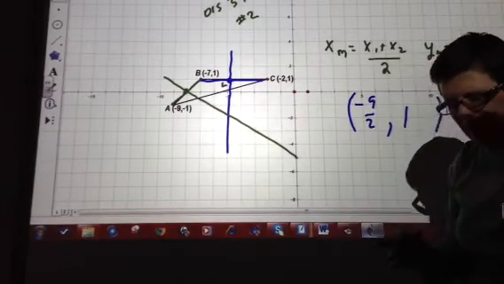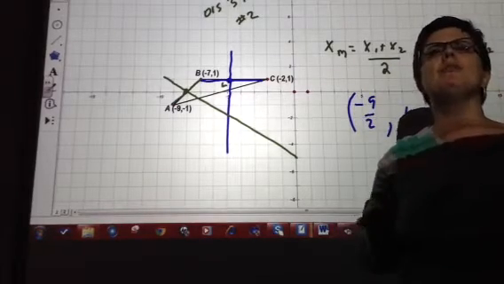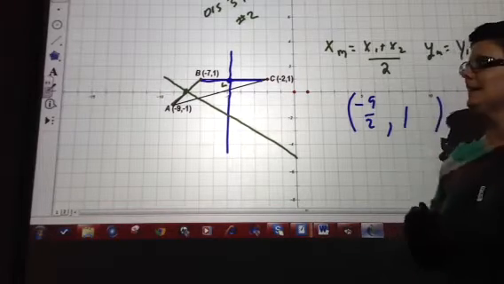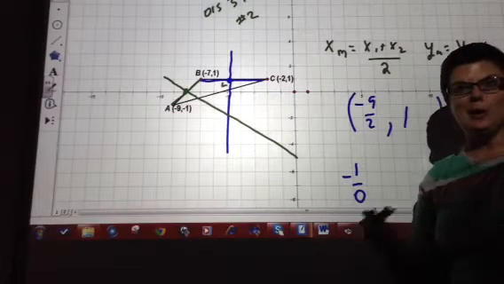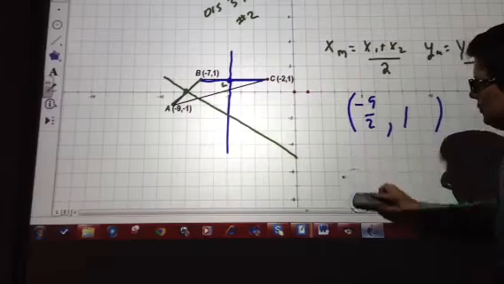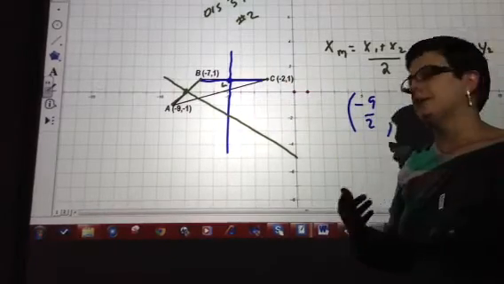Well, robotically, you all think, hey, perpendicular lines have slopes that are opposite reciprocals of one another. But in this case, -1 divided by 0, we don't really manipulate representations that look like that. But we do know that the slope of that perpendicular line would be undefined.